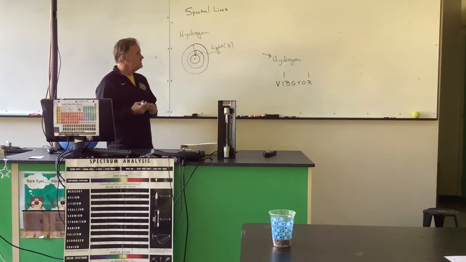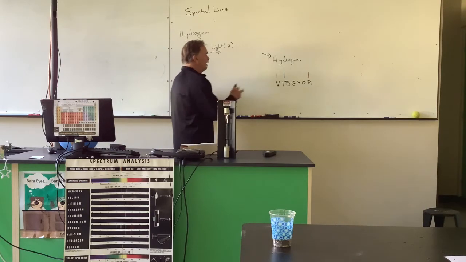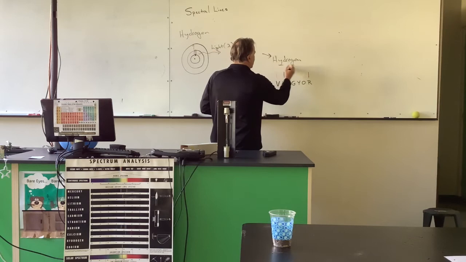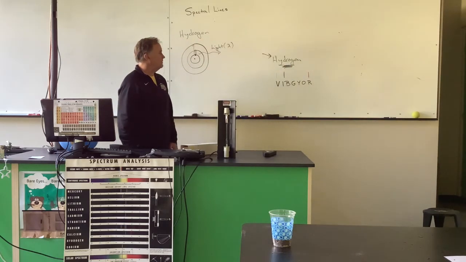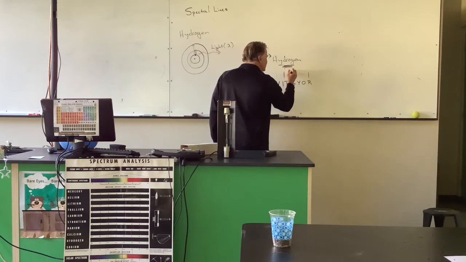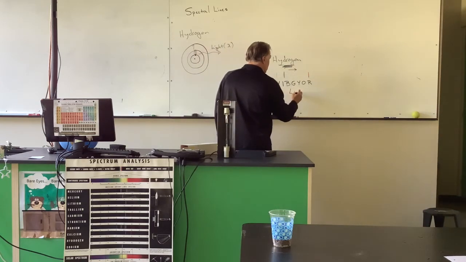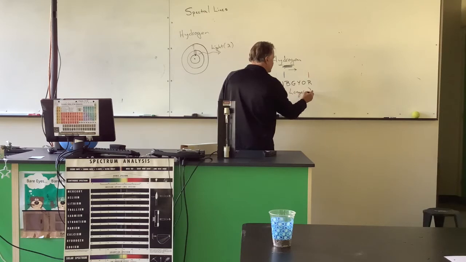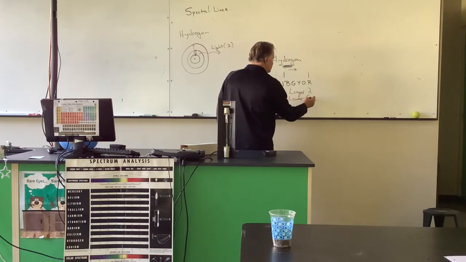One other thing with this: when they look at galaxies, they notice that every galaxy they look at is primarily hydrogen. They have other elements too, but primarily hydrogen. And everywhere they look, you get this banding pattern, but it all shifts just a little bit that way. We see that it's redshifted, which is to longer wavelengths, which means lower frequency.